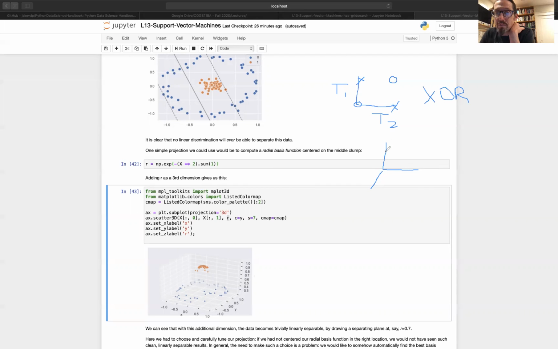But we can bring our truth ones out here in x3 into the z-plane and put our zeros back here on the back plane. And now you can draw a linear separator in between the two of them, okay? So that's a way in which by expanding dimensions, we could also solve the exclusive OR, which is our prototypical nonlinear decision boundary task.